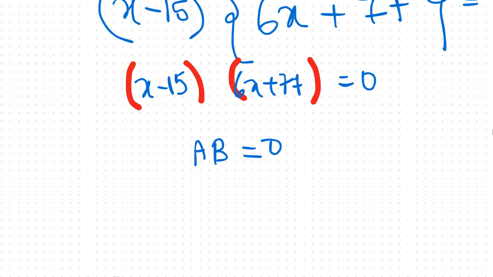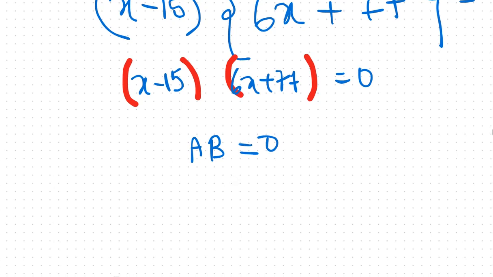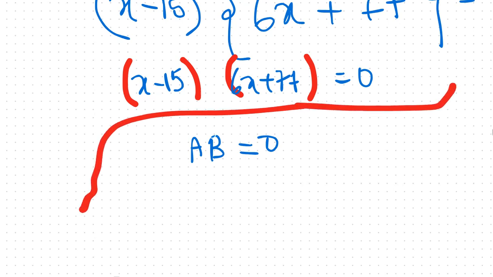Let's say I'm talking about a different case. Let's say a multiplied by b is 0. What does that mean? One of them can be 0. Do you understand? If the product of two numbers is 0, can I say that one of them is 0?